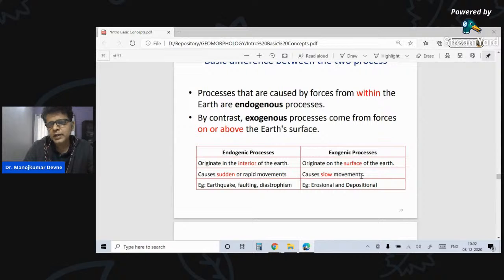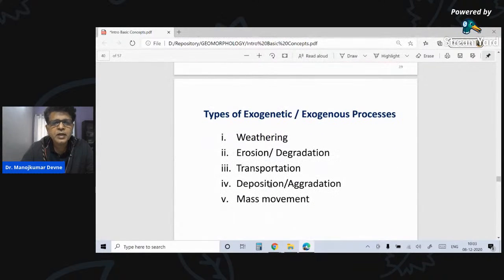Again, here I would not completely agree, basically because some activities, say for example a dust storm or a wind storm, are not very slow as such. So with some restrictions, we could agree that on a very broad scale endogenetic is from the interior, exogenic is from the exterior. Exterior processes are slow, but not absolutely. Endogenic also are sudden, but not absolutely as such. So this is how we can understand this particular slide for our purposes.